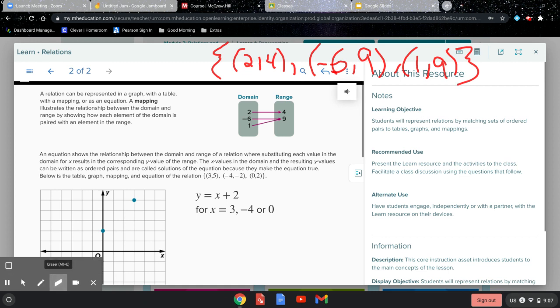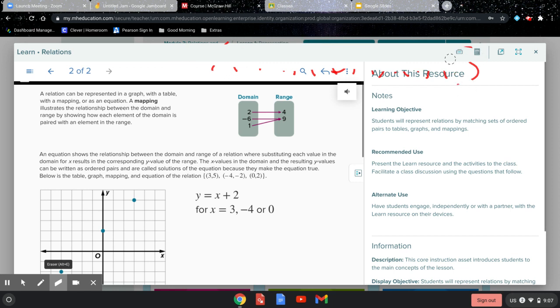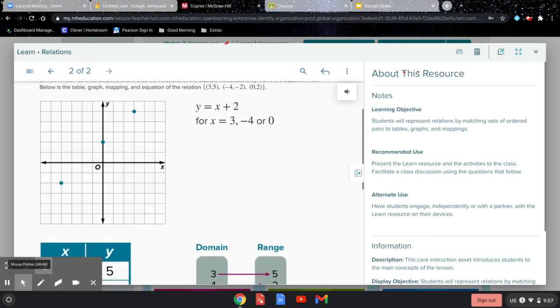We can also graph them on a graph, which it does down there. Right here, it has all of them graphed. This set of ordered pairs, the (3, 5), the (-4, -2), and (0, 2), actually have an equation that represents them. The equation is y equals x plus 2.